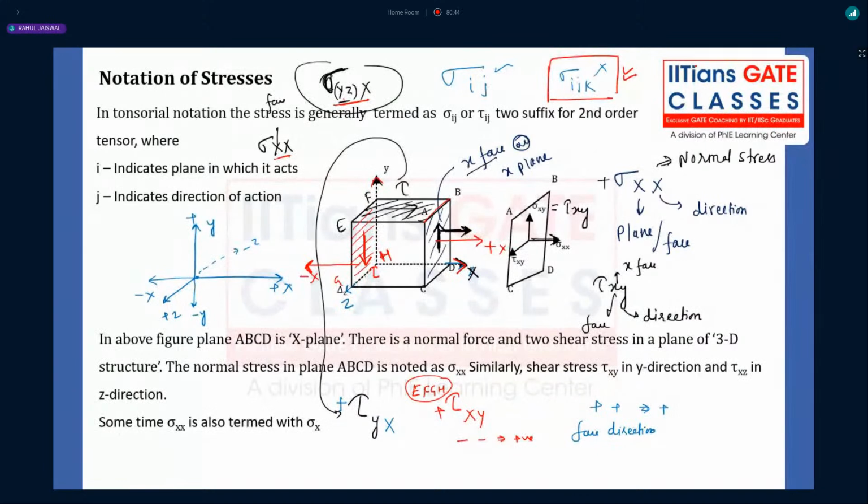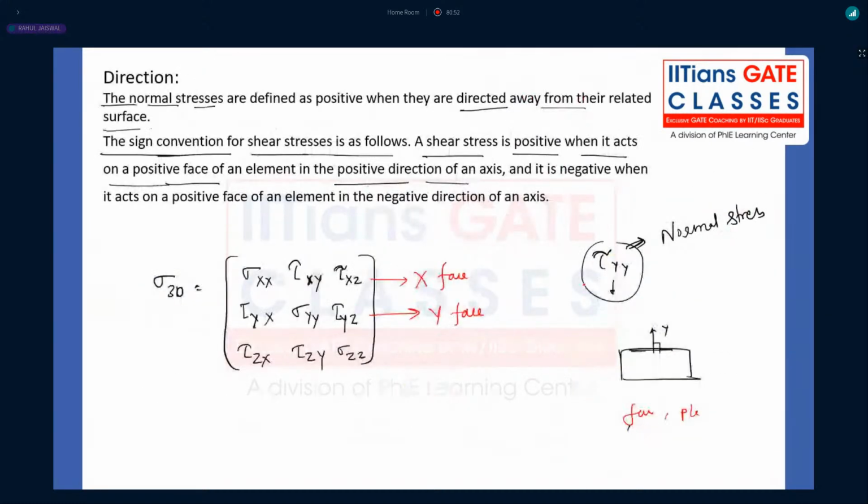We are defining the plane based on the axis which is passing perpendicular to that plane. That is the simple meaning. Now, here the first column will be the x direction, the second column will be the y direction, and the third will be the z direction.